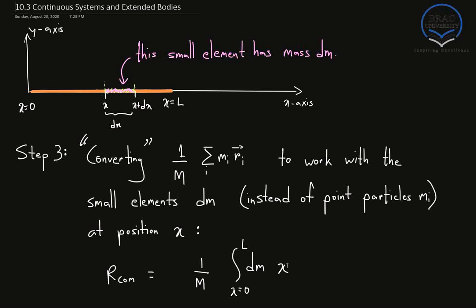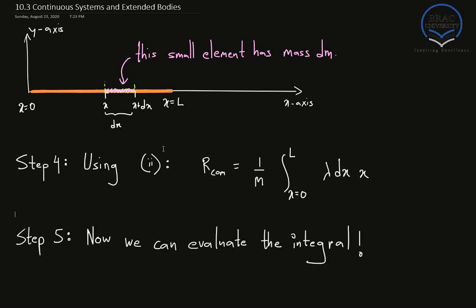So m_i r_i has translated to dm x, and we need to run an integration. What are the limits of integration? We want to run the integration for all such elements dm throughout the rod, so we integrate from x equal to 0 to x equal to L. And finally, we divide by the total mass of the rod, and that will give us the position coordinate of the center of mass.